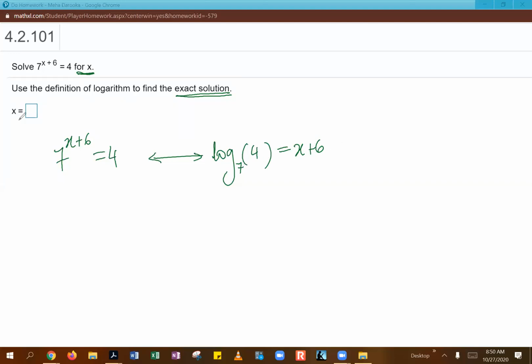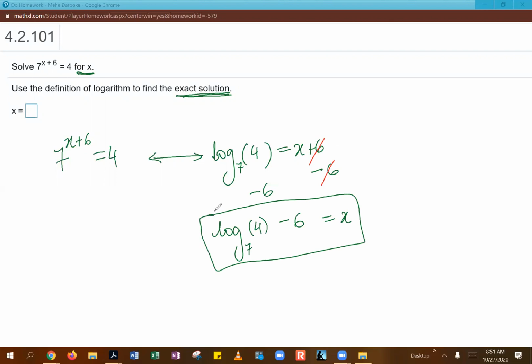Since they are asking us to solve this for x, you want to get rid of that 6 and bring it over to the left-hand side. Then you are left with log of 4 with base 7, minus 6, equals x. Since they asked specifically for the exact solution, you are not going to find the decimal equivalent.